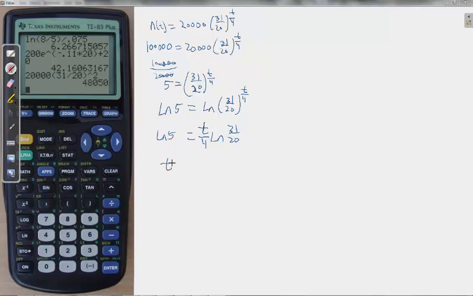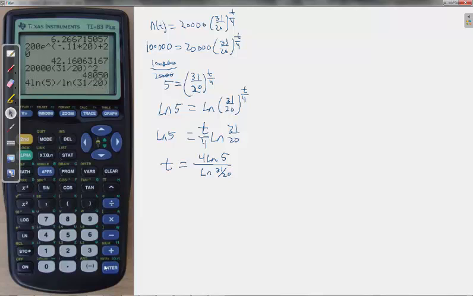So t is going to be 4 ln of 5 over ln of 31 twentieths. So it's going to take about 14, 15 years for the population to reach 100,000.